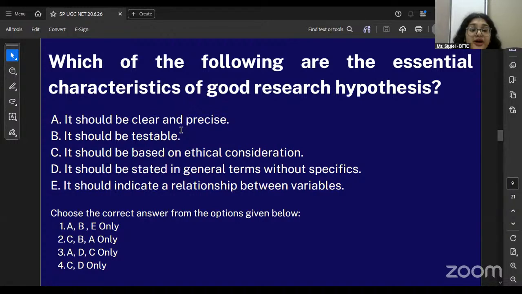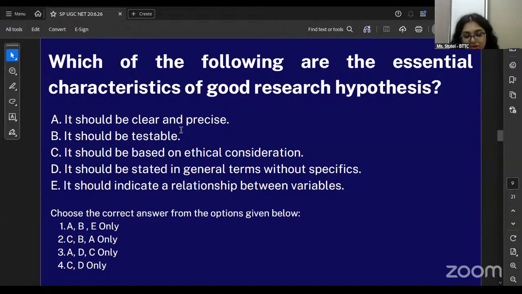Now, if I were to write this as my correct answer, it would contradict my first option, that is, it should be clear and precise. And I 100% knew that a hypothesis is supposed to be clear and precise. So I made a very sure note that option number D is definitely wrong. It should not be there. Then I moved to the next option: it should indicate a relationship between variables.